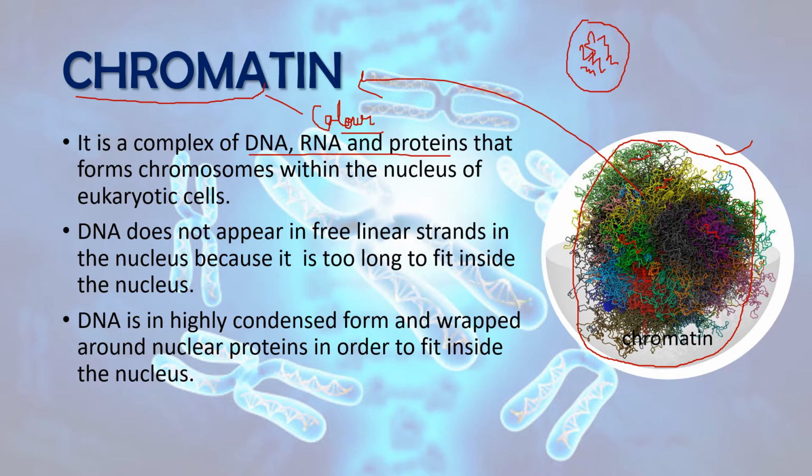There are lots of chromatins inside the nucleus. But during cell division, in the process of mitosis and meiosis, these get compact and form structures like this. Now, at this time, these are known as chromosomes.